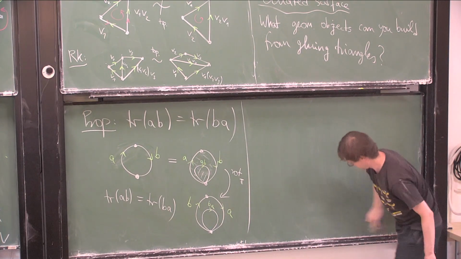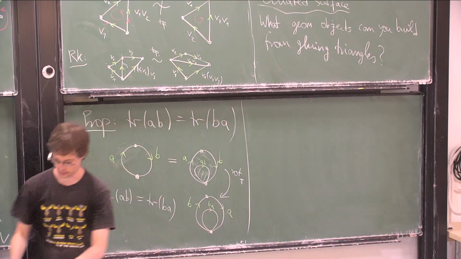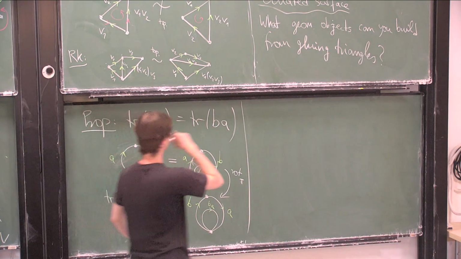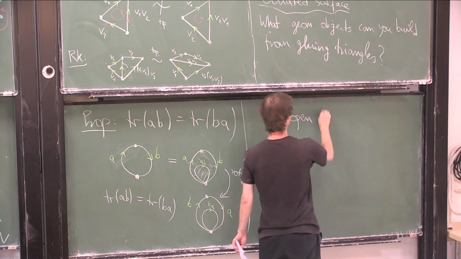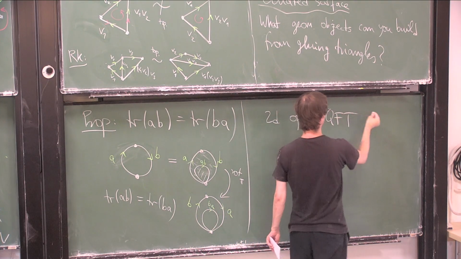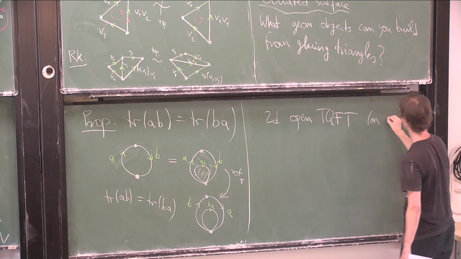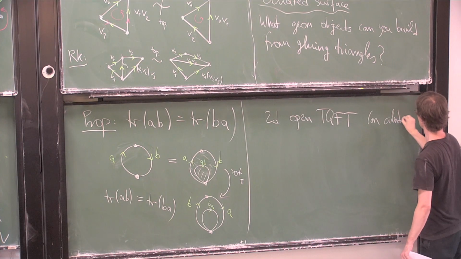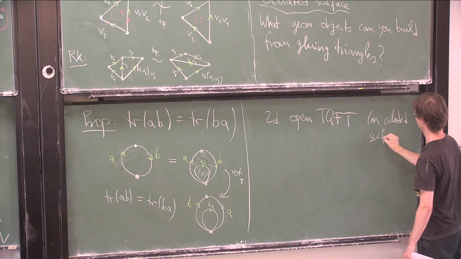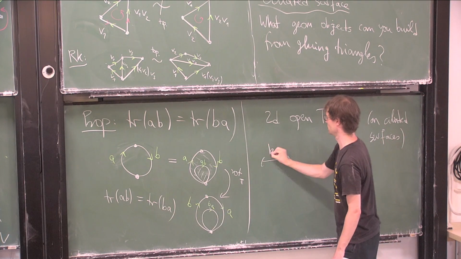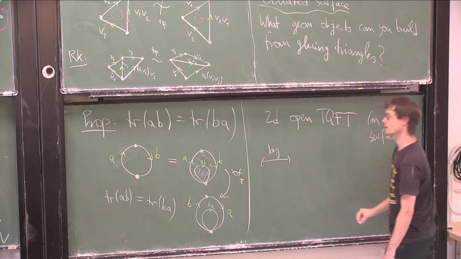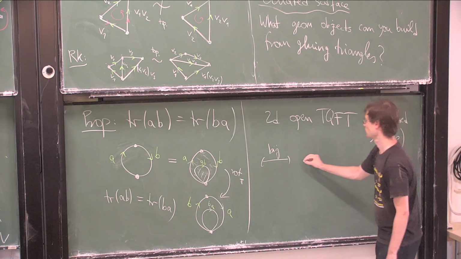So maybe I will shorten the rest. As a summary, what we should say is that a 2D open TQFT on ciliated surfaces is in bijection with what we call an algebra.